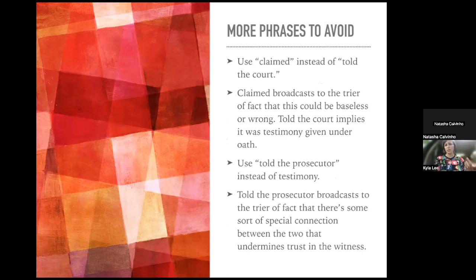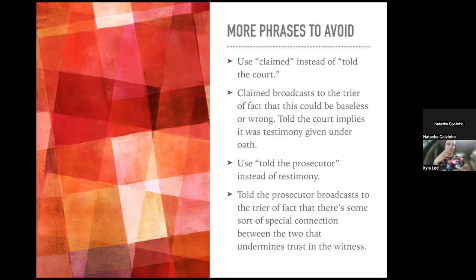Also, other phrases I avoid: claimed. I use instead told the court, because claims are statements that could be false, whereas telling the court is testimony, which could be true. Told the prosecutor, I like to use that when asking them about things, because again, it undermines potentially the truthfulness of what they're saying subconsciously without alerting them to the fact that that is what I'm trying to do.